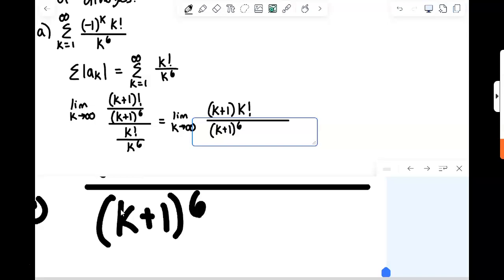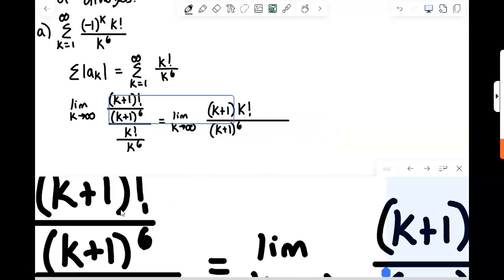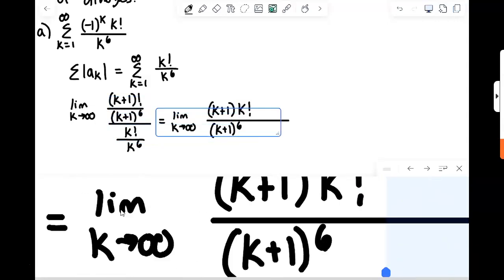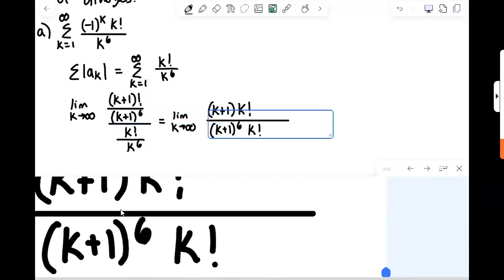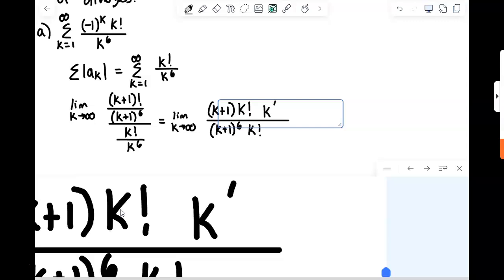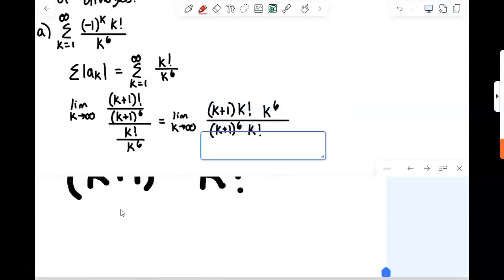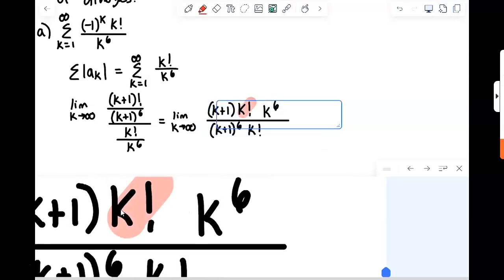And then the k factorial will stay in the bottom, and the k to the 6th will come up top. Okay, and so we can do a little bit of simplifying here. So the k factorial cancels out.